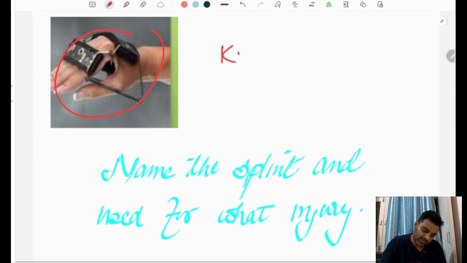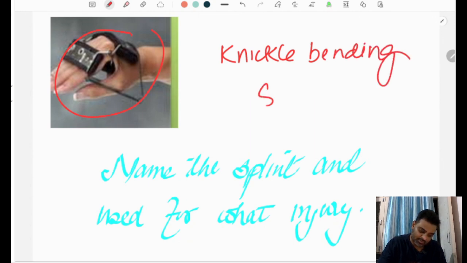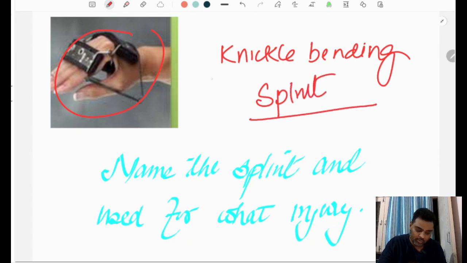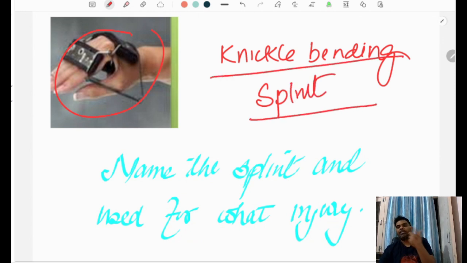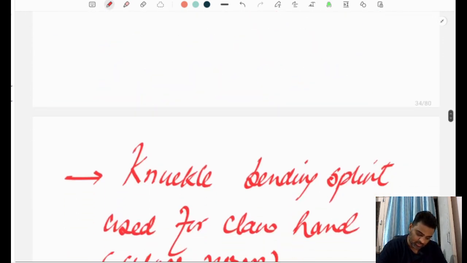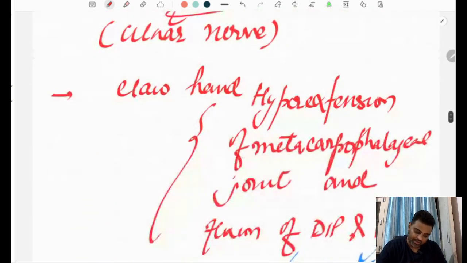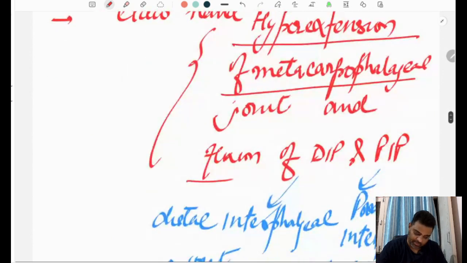What happens in ulnar palsy? Hyperextension of metacarpophalangeal joints and flexion of interphalangeal joints. What this splint does is flexion of the metacarpophalangeal joint and extension of the interphalangeal joint. This can be asked: knuckle bending splint used for claw hand, where there is hyperextension of the metacarpophalangeal joint and flexion of DIP and PIP.